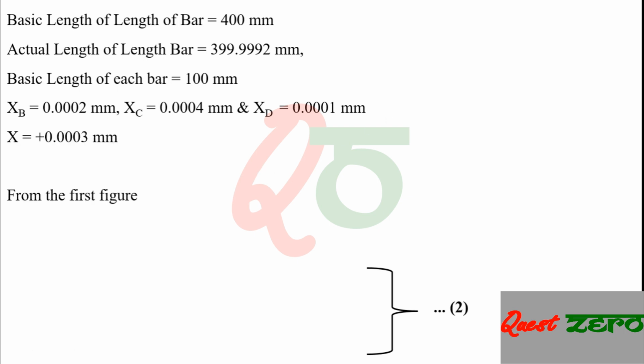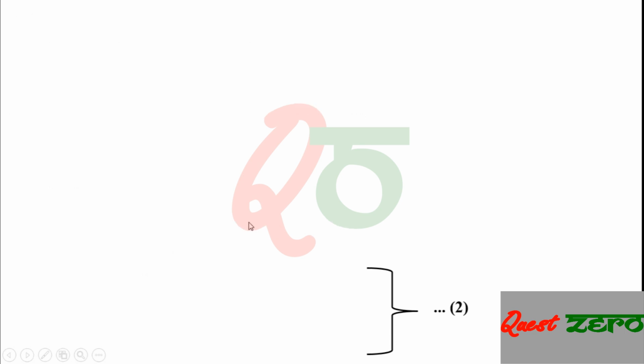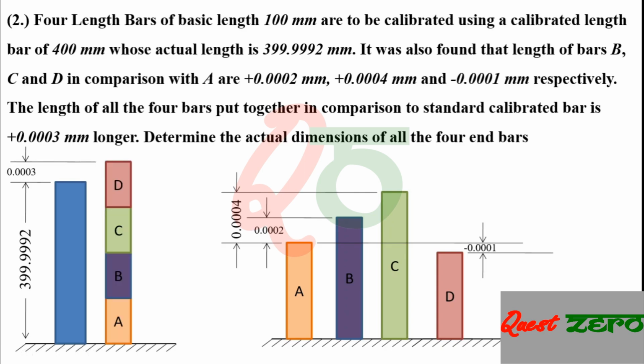Now from the first figure, as I spoke a couple of seconds back, L plus X is equal to LA plus LB plus LC plus LD. Now with respect to the second figure, LB is equal to LA plus the difference XB, LA plus XB.